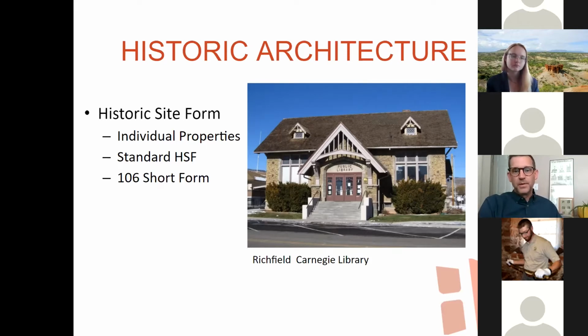And that was the sole purpose of the short form, for the initial cut of eligibility calls for 106. SHPO didn't want agencies or consultants having to do a lot of extra in-depth research and documentation on individual buildings in 106 cases where that's not really necessary.